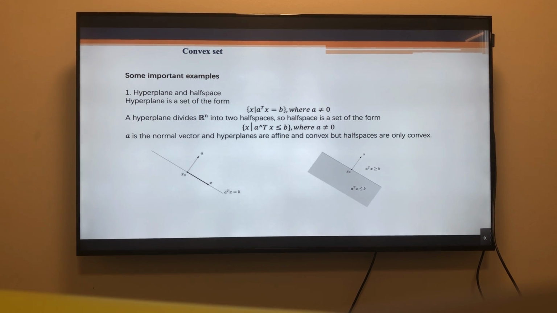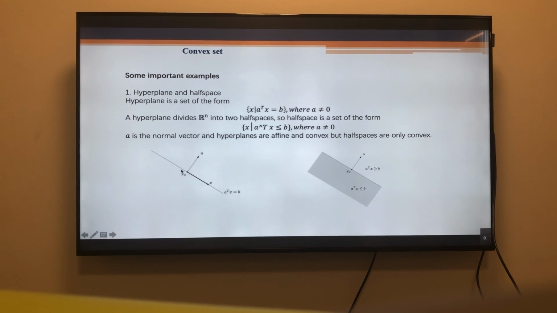What is a hyperplane? It is the set of this form, and the hyperplane divides the space into half spaces. So the half spaces is the set of this form. We need to pay attention: this is equal and this is less than or equal.